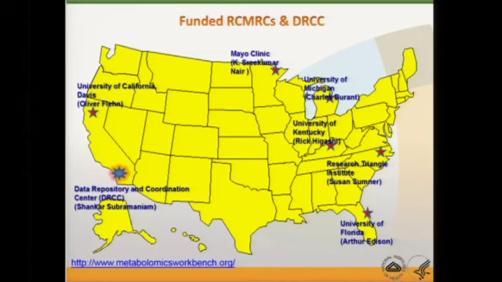The Data Coordination Center is located at UC San Diego. Shankar Subramaniam is the PI, the investigator on this. And this is the link for the workbench. It's actually the DRCC website, and each one of them has a website of its own. You can visit any one of them, or if you go to this site, you will be able to reach out to the other ones as well, and you can learn more about it.